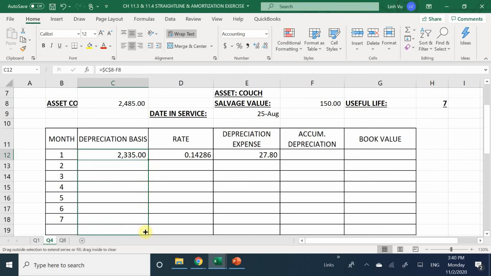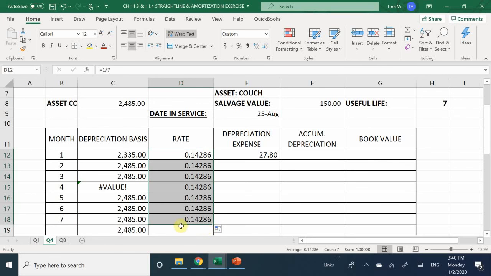So it doesn't even matter how many months we have here. But there will be a grand total when we reach, all right, what's 7 times 12? 84 months. That's when we can stop filling in the rest of the information.